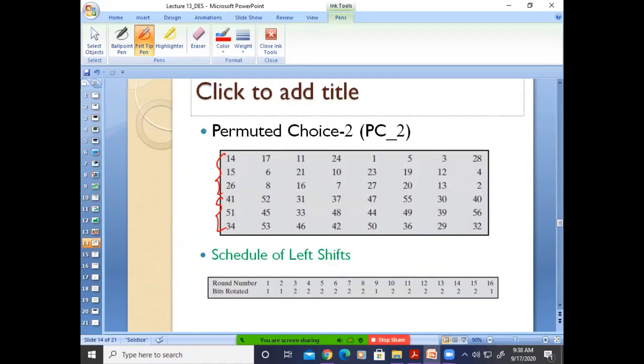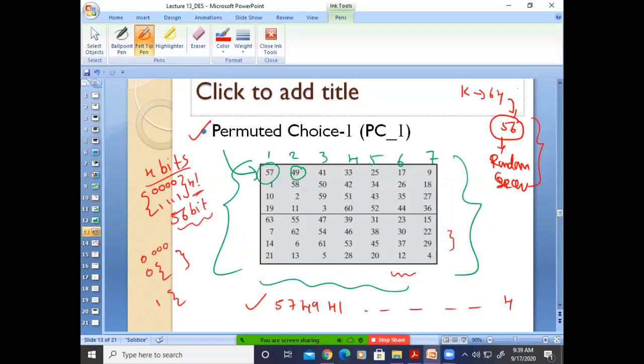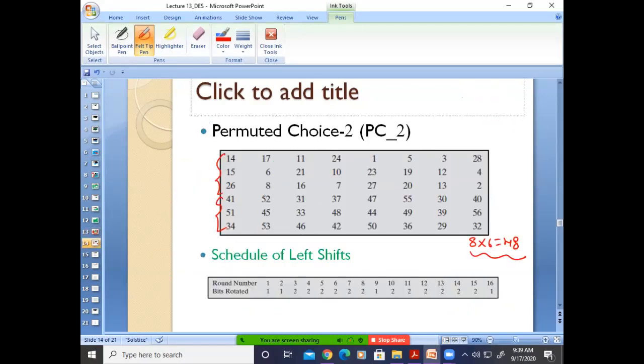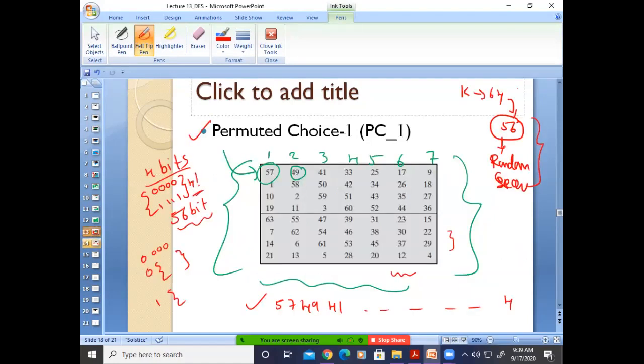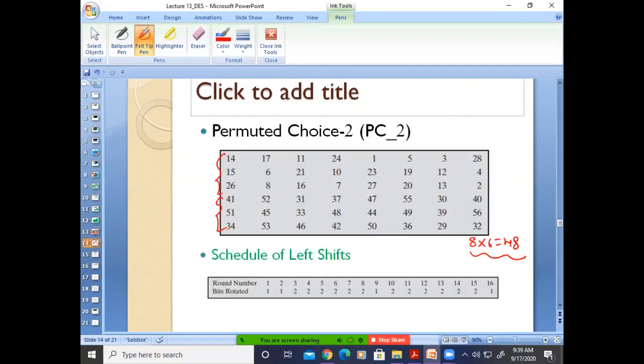So 8 by 6, it will be 48 bits. So there is a reduction of 8 bits. Correct? Yes or no? So this is permuted choice 1, and after permuted choice 2 we get only 48 bits as K1.